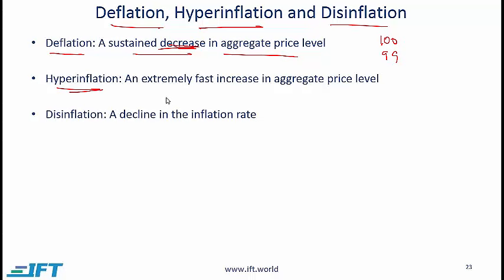Hyperinflation means a very fast increase in aggregate price levels. A rule of thumb is that over a 3-year period, if the price level doubles, so a 100% or greater increase in price level over a 3-year period, that is generally referred to as hyperinflation.